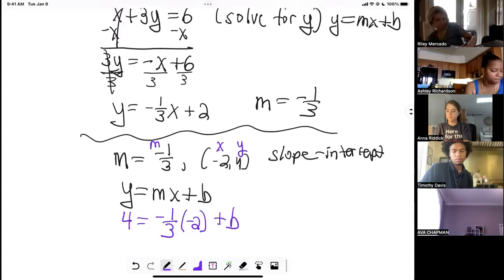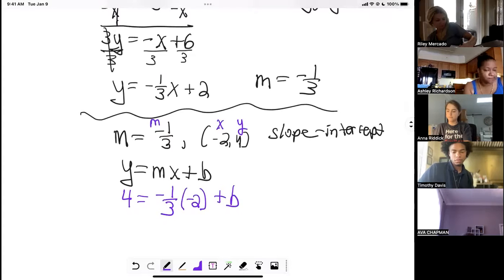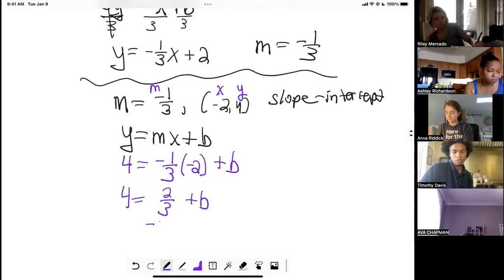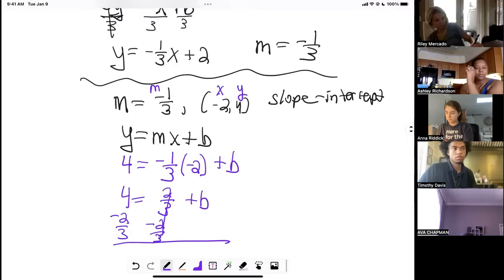And we're going to do what we did before. We're going to find b and then write the equation. So 4 is equal to, okay, negative times a negative is a positive, and 1/3 times 2 over 1 is 2/3 plus b. I'm going to subtract 2/3 from both sides to find b.